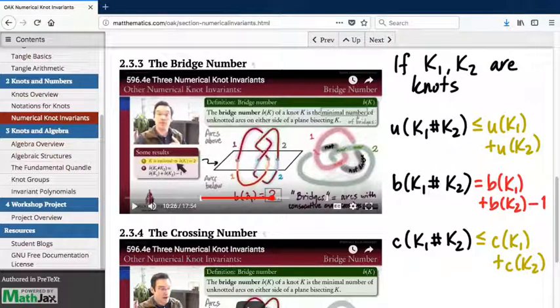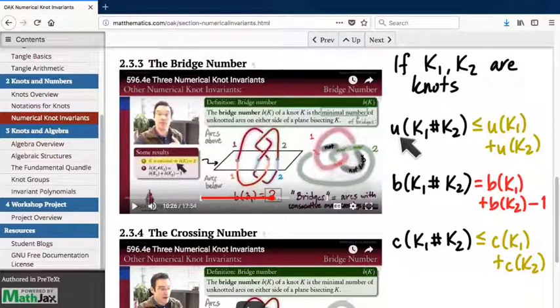And exactly in what cases equality holds for these is kind of an open question in knot theory. It's something you could still do knot theory research on if you were interested in it. And it's known for some large classes of knots when equality holds.